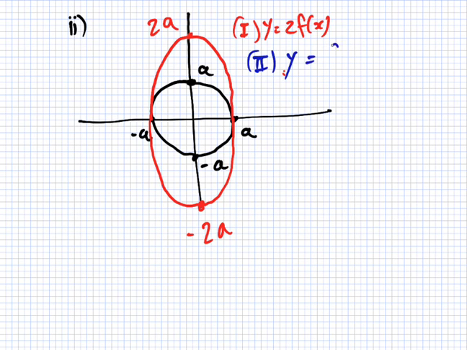y equals f(x) minus a. So what happens for this one? Right, yeah. A units. So this one now will go here. The center will go here, and this one will go here.